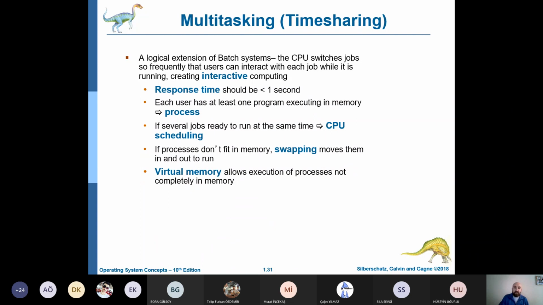When the CPU is idle, it has to select one of the waiting processes to execute. So making this decision is another important purpose of the operating system. Making this decision is called CPU scheduling, and we are going to discuss that subject in chapter 5.